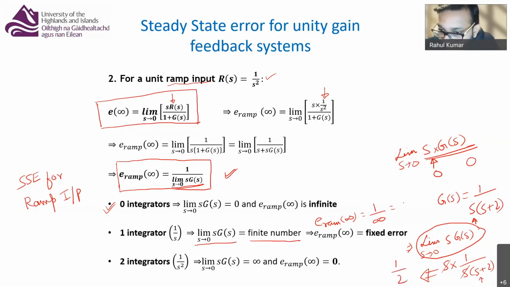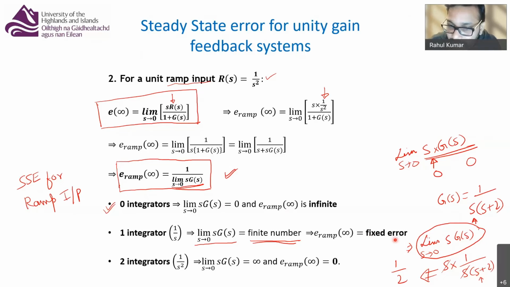So that means a finite number you are getting. So your steady state error will be some fixed value. I made a mistake over here. This s and this s get cancelled, but if you put s equals to 0, this becomes 0. You will be left with 1 divided by 2. So basically you will get a finite number, and your error will be a fixed error.